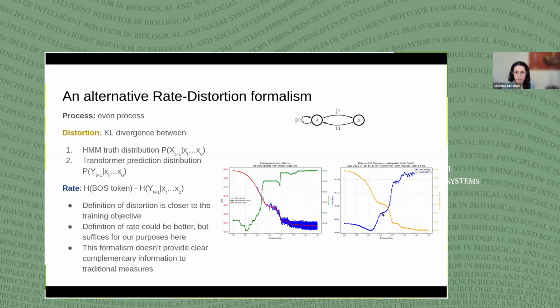Here too, we find that the rate definition follows and has multiple transitions as opposed to just a single one, and that at least immediately we do not see any complementary values for using these metrics as opposed to the traditional metrics.